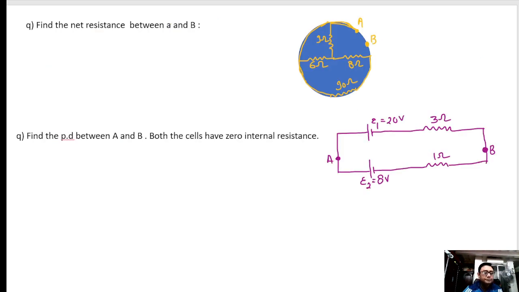Next, see the sum. This one. Find the net resistance between A and B. So this is our A and this is our B. Okay. So what we can do here, watch one thing, this part we can bring and connect to this part. So how will it look?